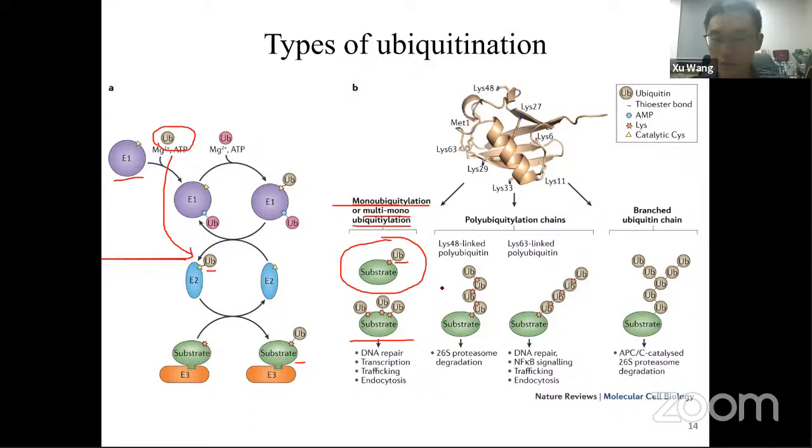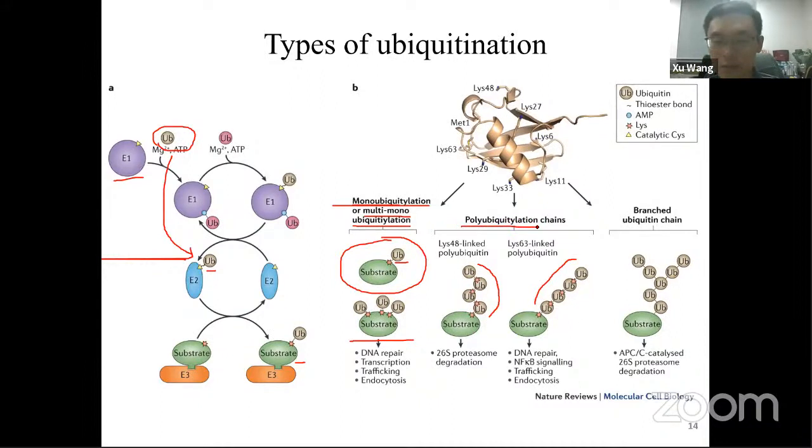In addition, ubiquitins can form polyubiquitin chains. For example, here, some ubiquitins gather together to form a chain, and then this ubiquitin chain is attached to the substrate. This is called polyubiquitination.